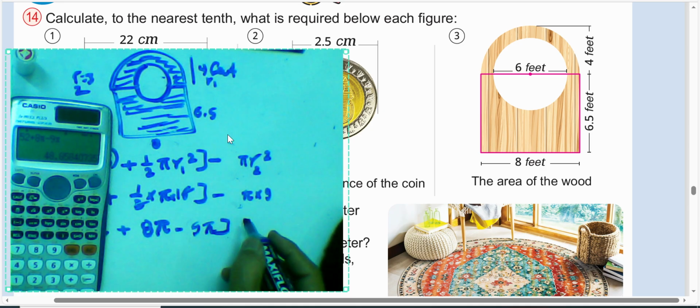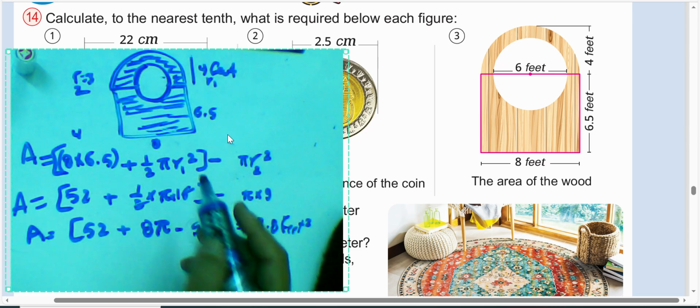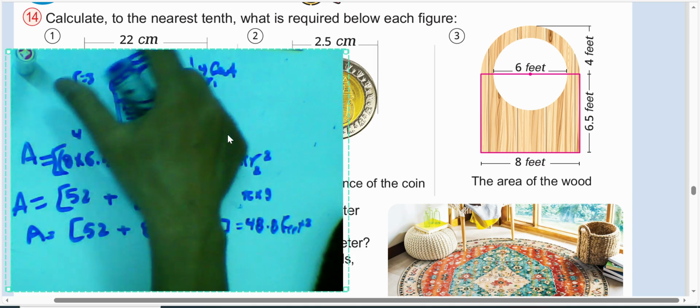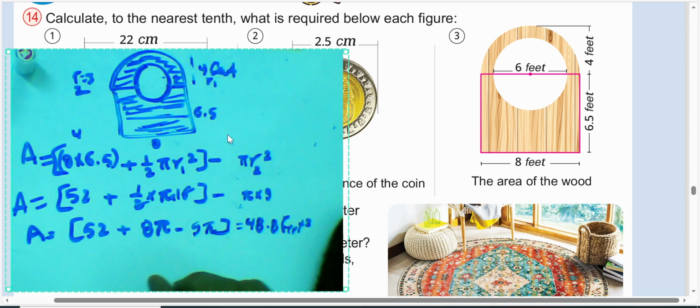The result will be 48 and 8 tenths square feet. Okay, understood? We found here the area of the rectangle and the area of half of the circle, added them together, and then subtracted the area of the circle here to find the answer.